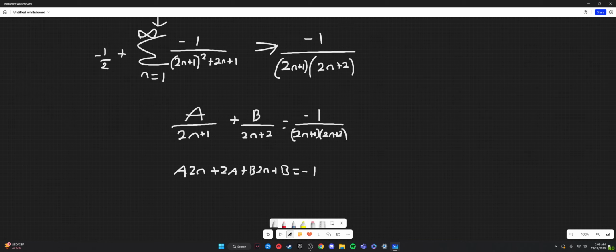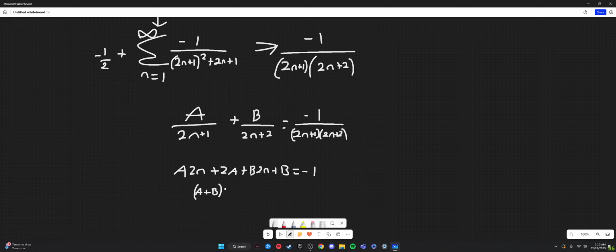So now I notice there's two 2n terms, and we want it to equal negative 1. So no 2n term on the right-hand side. Which means that the numbers with the 2n attached to them as coefficients must go to 0. So we're going to have A plus B times 2n.